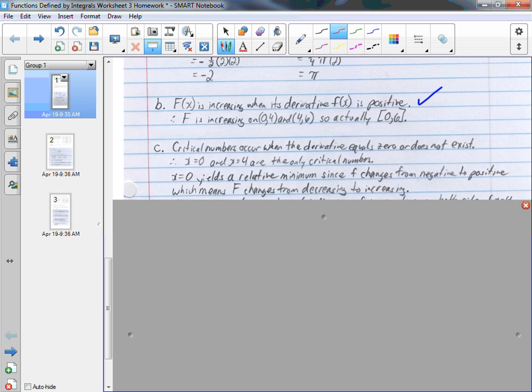Say it for me, would you, please? Because to me, it shows you that you realize that a negative derivative means the function is decreasing, and a positive derivative means the function is increasing. So just for old time's sake, throw in there, which means capital F changes from decreasing to increasing.